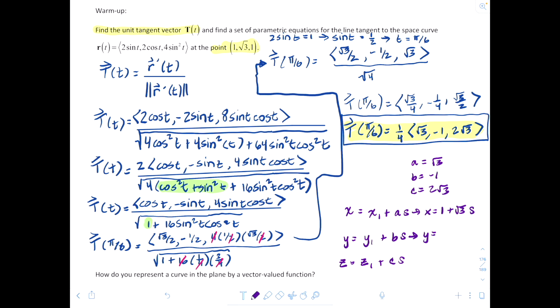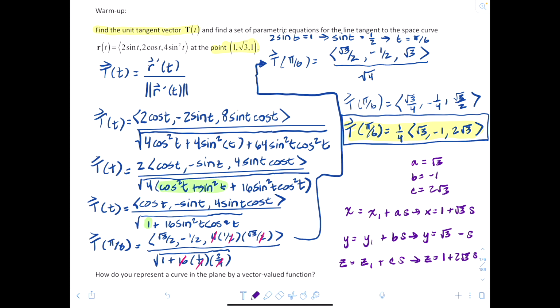So this would give us x is equal to x1 was 1, and then a is root 3, so plus root 3 times some s, and then y would equal root 3 minus s, because b is negative 1, and then z would equal 1 plus 2 root 3 times s.